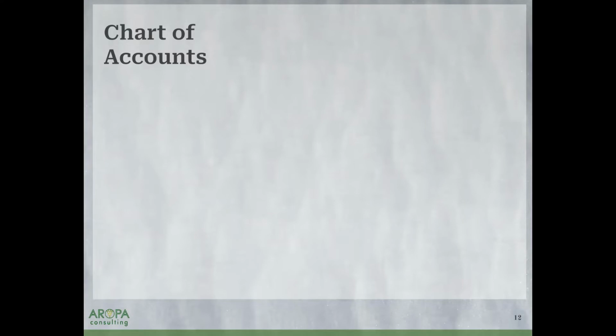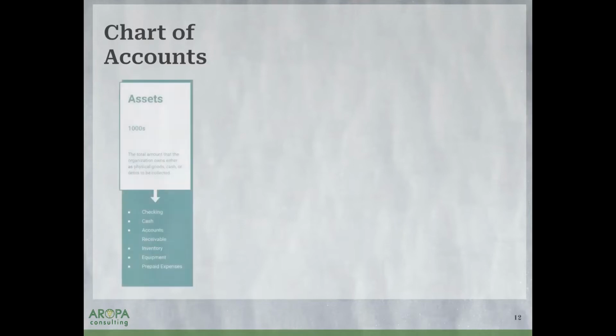And within the nonprofit chart of accounts, there are typically these buckets that I'll walk you through. And this is very similar. If you know accounting, this is going to be incredibly similar to a regular chart of accounts.